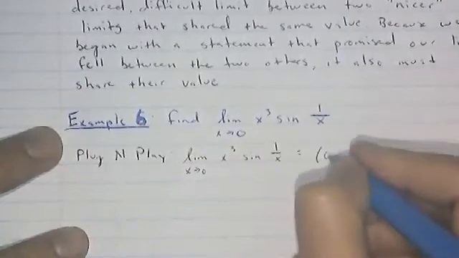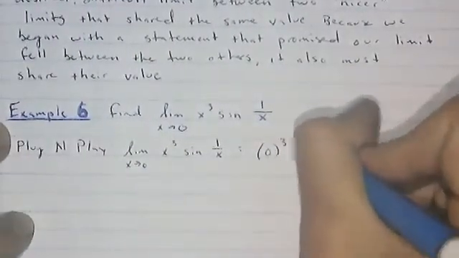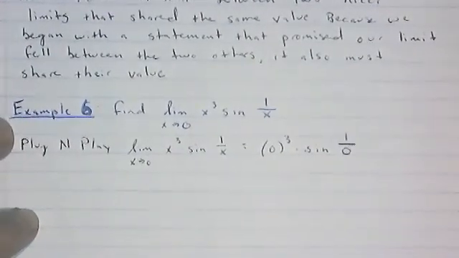Well, plug in a 0 for x, cube it. So far, so fun. The limit's allowed to be 0. We're okay with that. But then the sine of 1 over 0, ooh, it hurts. I don't know what to do with that. You know what to do with that?